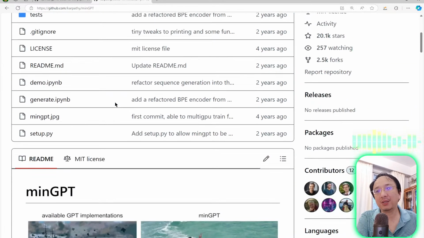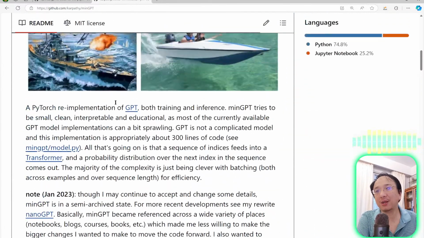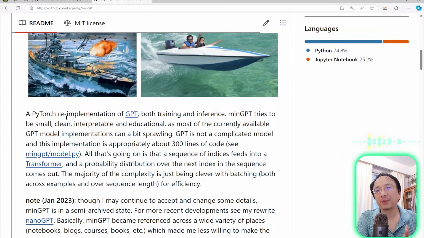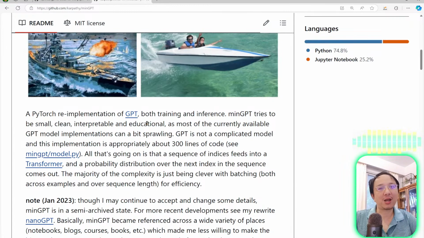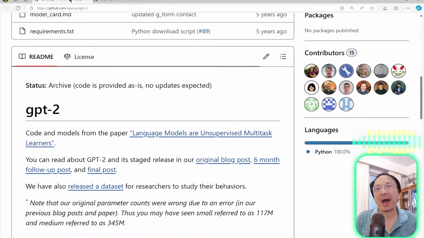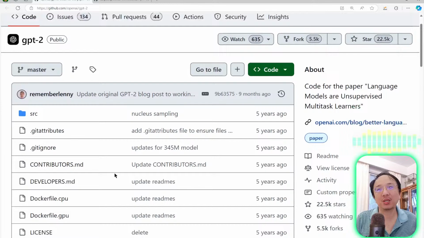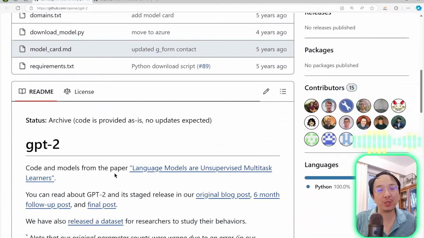He has a min GPT and maybe another one. He used PyTorch to implement the GPT. You may wonder, okay, he is kind of like a coding god. He writes a lot of great things. But in fact, you can actually do the same from scratch. The reason is that OpenAI actually published the reference implementation of GPT-2.